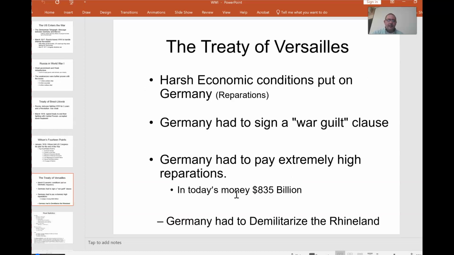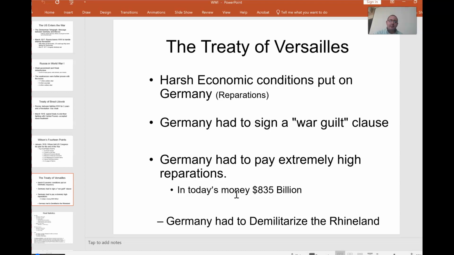On November 11th, 1918, the war comes to an unofficial end. There is an armistice, basically a ceasing of hostilities. In December of 1918, the leaders of the countries, Woodrow Wilson from the United States, David Lloyd George from the United Kingdom, Georges Clemenceau from France, head to Versailles, to Paris, to negotiate a peace treaty.